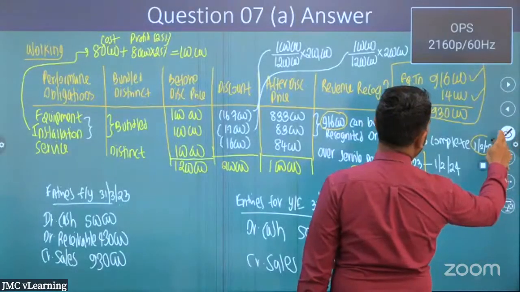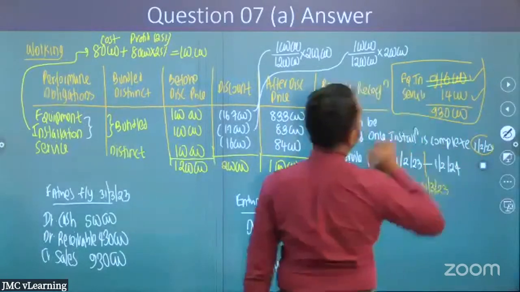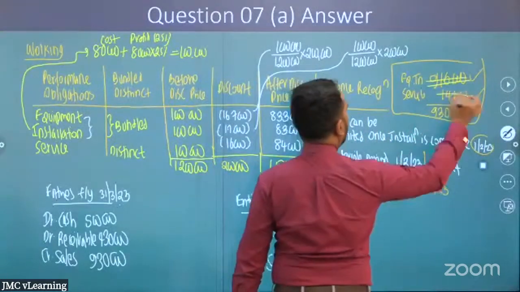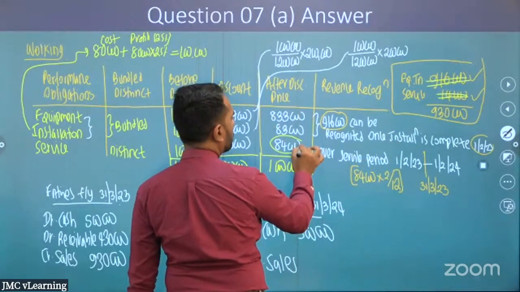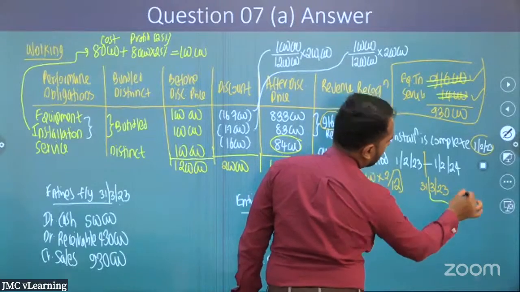Right, sorry. 916,000 was already recognized in the previous year. Out of the 84,000, 14,000 was recognized for the previous year. So for the next year, what is relevant?